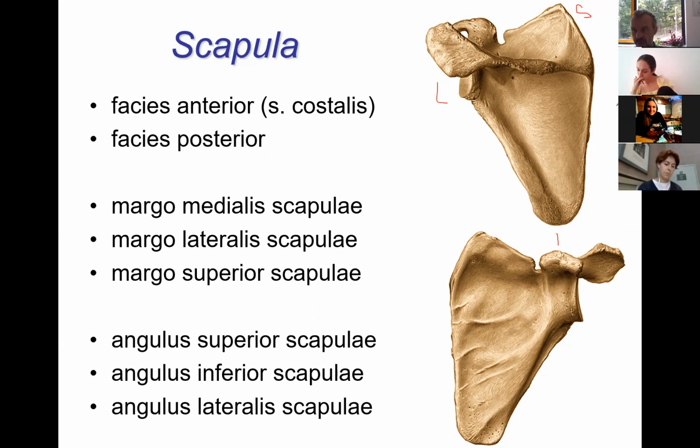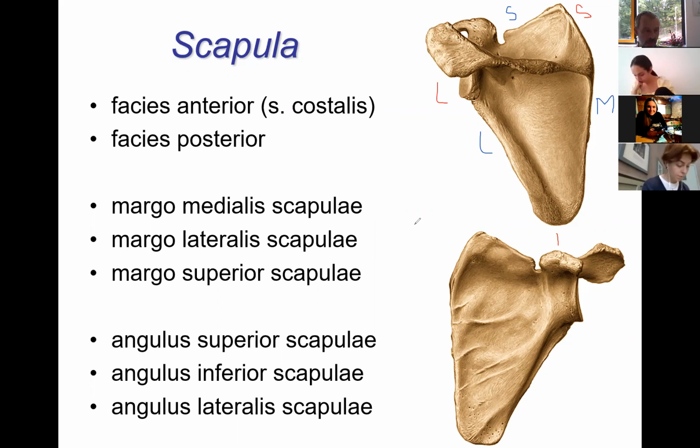And then we have a medial margin, a lateral margin, and a superior margin. So you can see there are 8 terms, and these 8 terms are very, very easy. You can think them out yourselves with a basic knowledge of anatomy and logic.